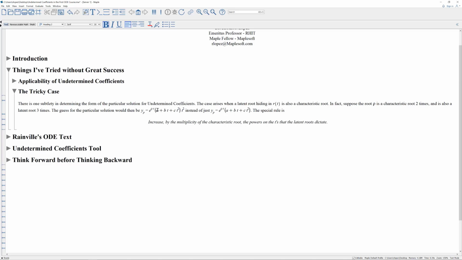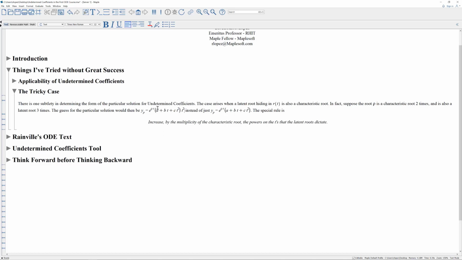Well, this part of it, and I'll highlight it. This part of it would be the guess that you'd write down looking just at the right-hand side. The t squared comes because of the characteristic root having multiplicity 2.